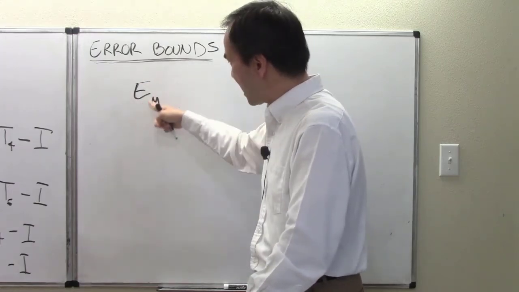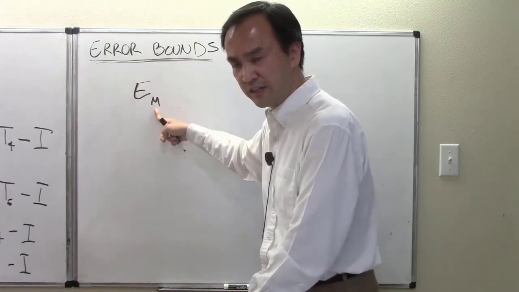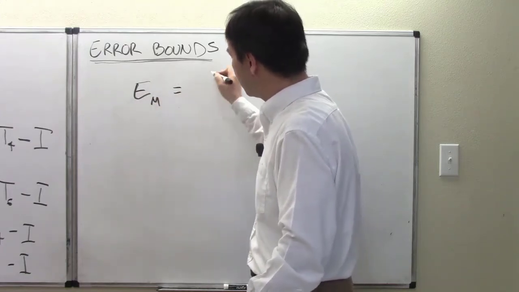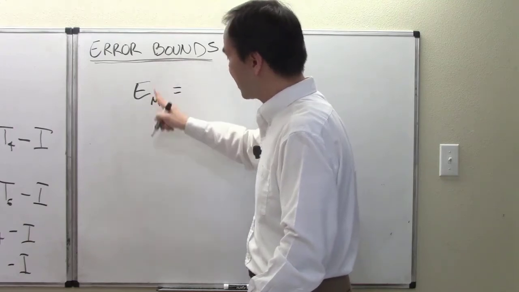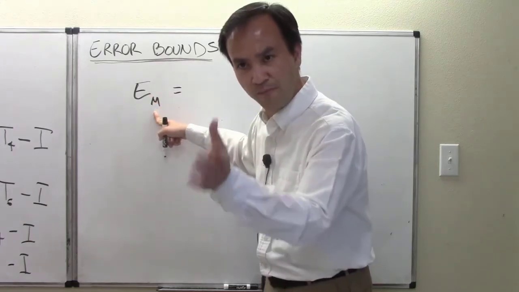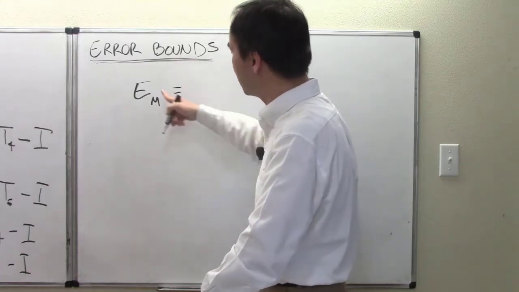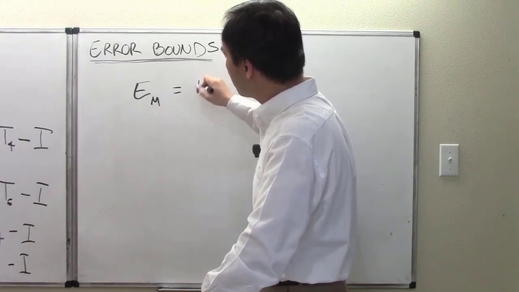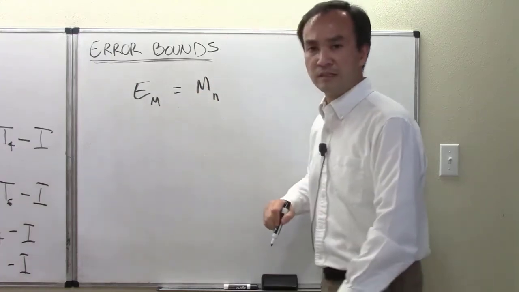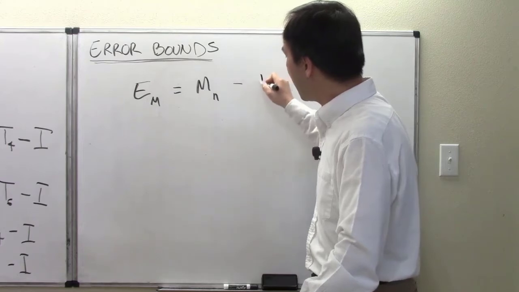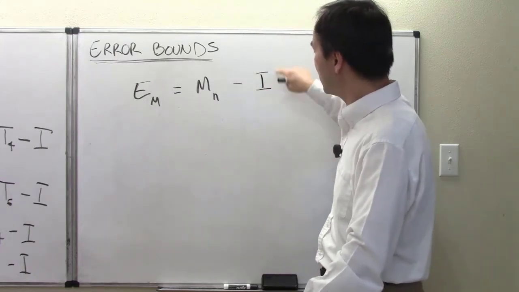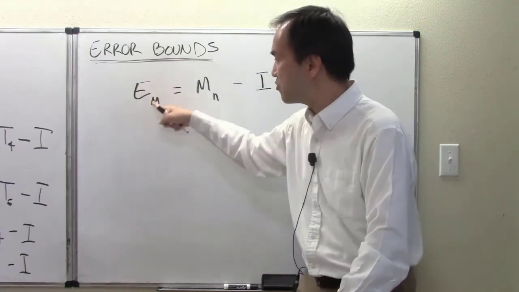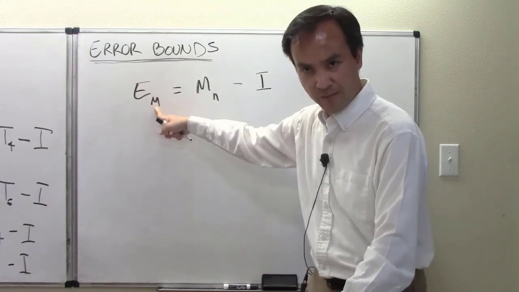So the error produced by the midpoint rule, where the lowercase m is for midpoint, is generally defined as the midpoint rule with some general n number of subintervals minus the actual numerical value of your integral problem. So that's the error produced by the midpoint rule. That's what the capital letter M is for.